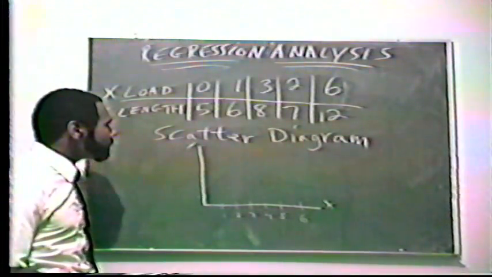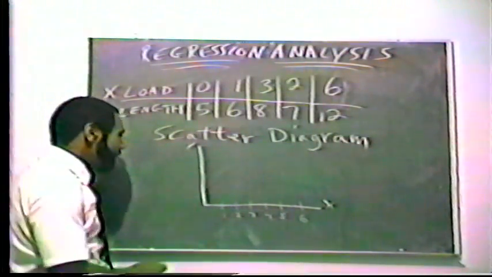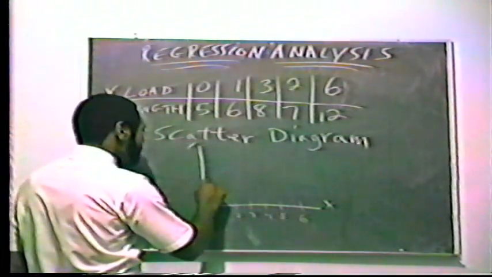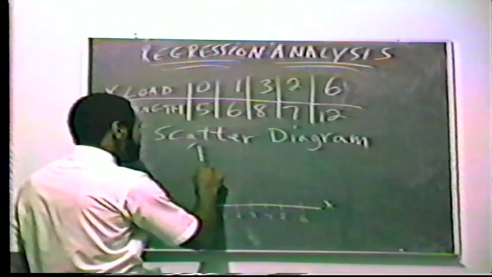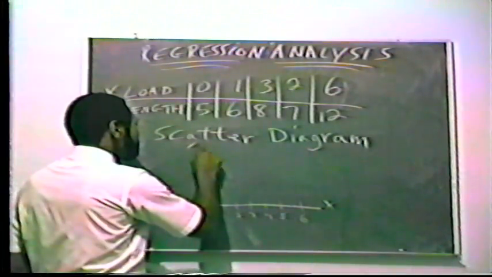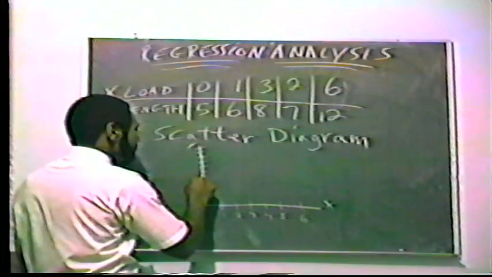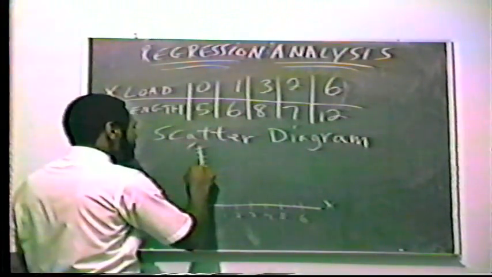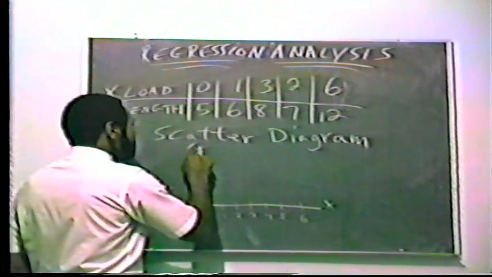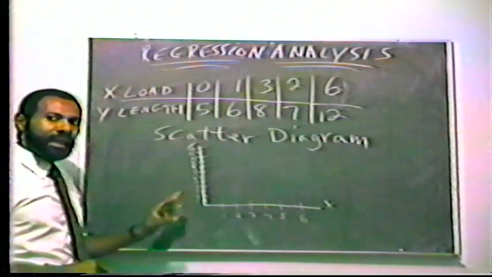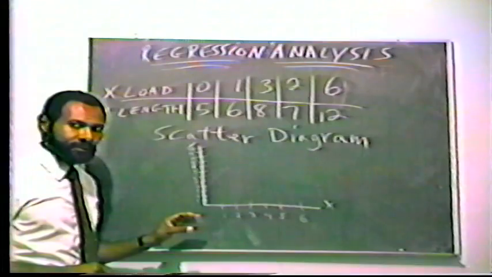Now, on the y-axis, I need 12, so I'm going to go 1, 2, 3, up to 12. Now I have my axes laid out.